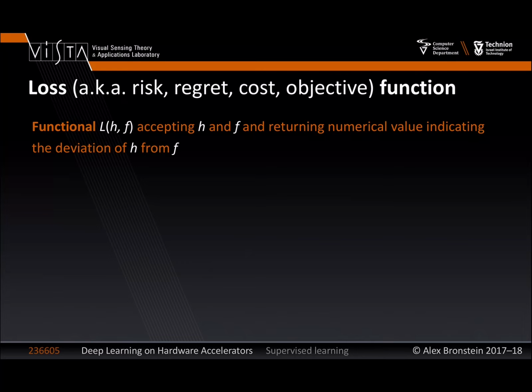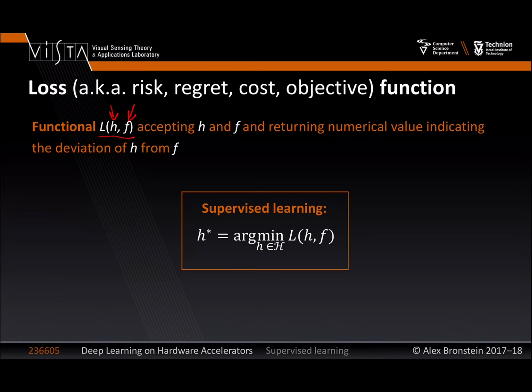So a loss will be a functional. A functional is a function of functions, right? So this functional receives our hypothesis h. It receives the true target function f, and it gives us a numerical value, a scalar, telling us how well h approximates f. Okay, quite straightforward. So once we have this, we can finally formulate supervised learning as something that has mathematical rigor.